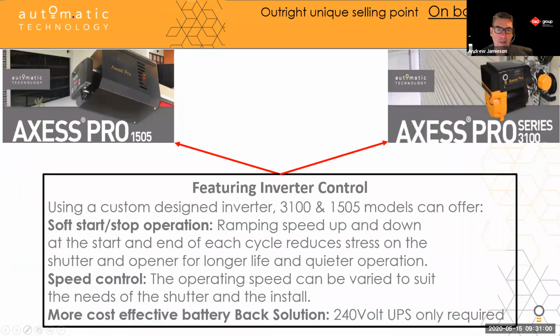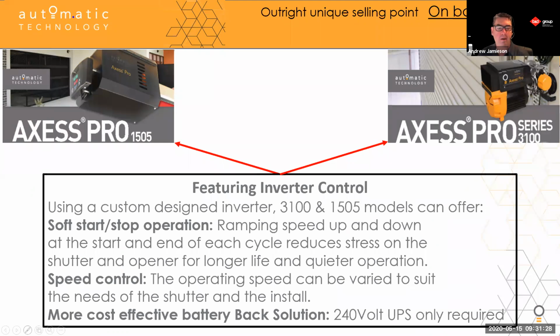And we're going to bring to light that first unique selling point. This is our key differentiator, that we've got a number of in the Access Pro product range. And we're going to talk about the inverter. So we're talking now of the 1505 and the Access Pro 3110 inverter model. Both have the inverter built into the unit, so it brings to light three main areas of benefit.